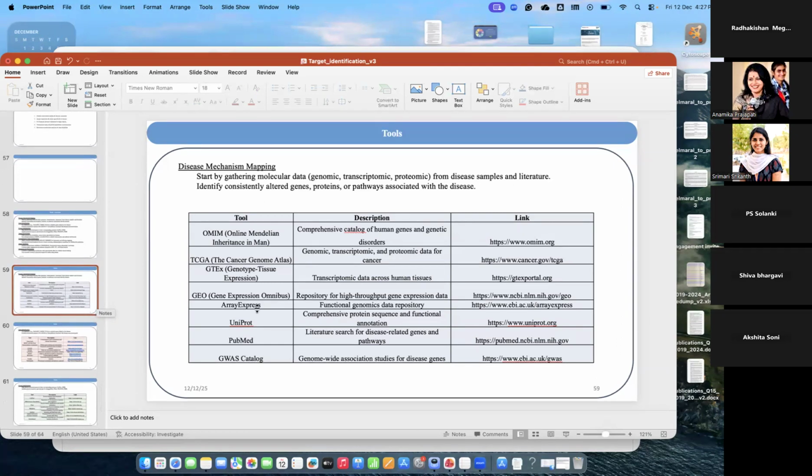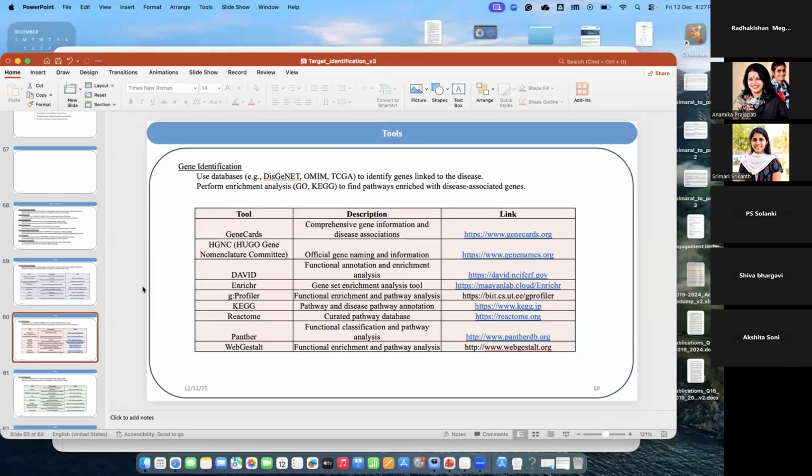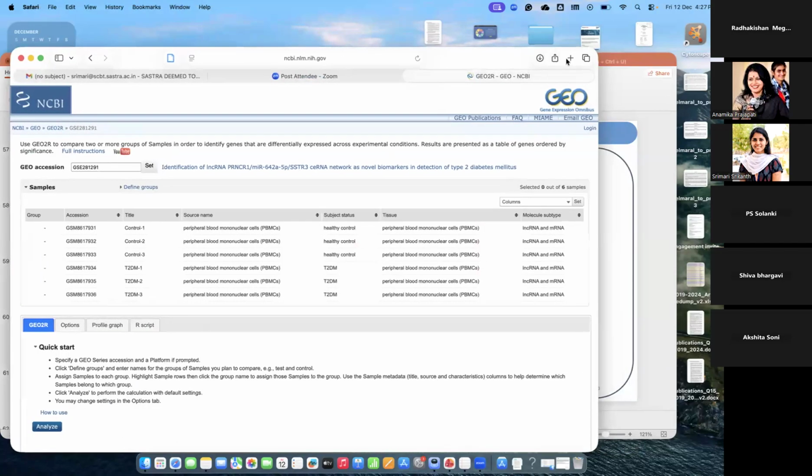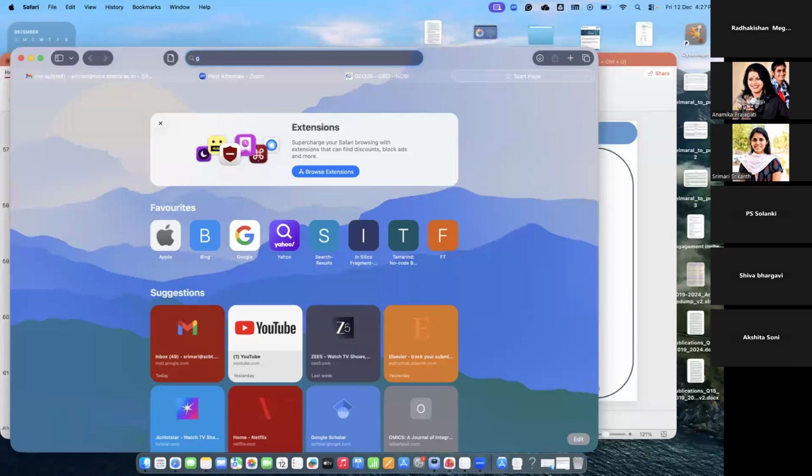And in case of ArrayExpress also, we can get the differential gene expression data. And OMIM, we all know that it is for genetic diseases, and TCGA is related to cancer data sets. And in case of gene identification, there is GeneCards. From GeneCards, many other external databases can be connected.